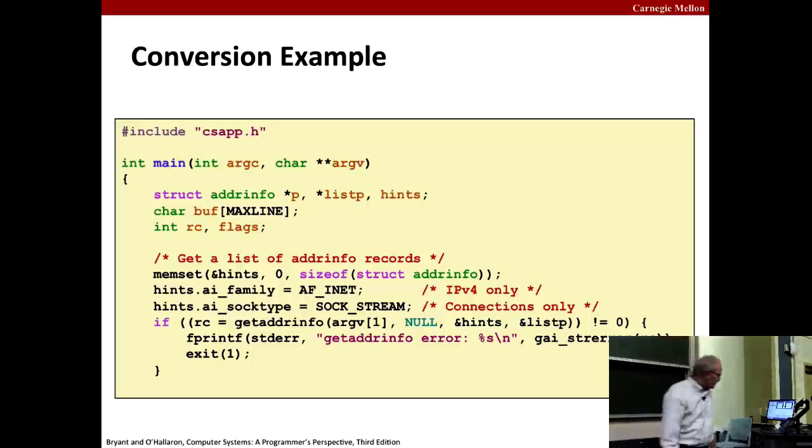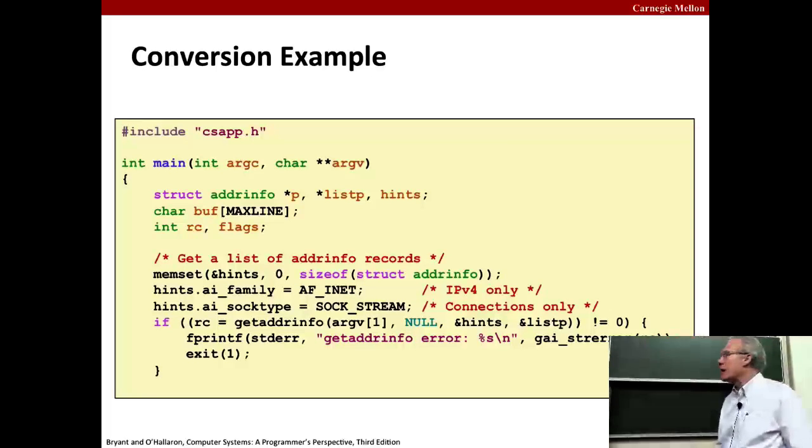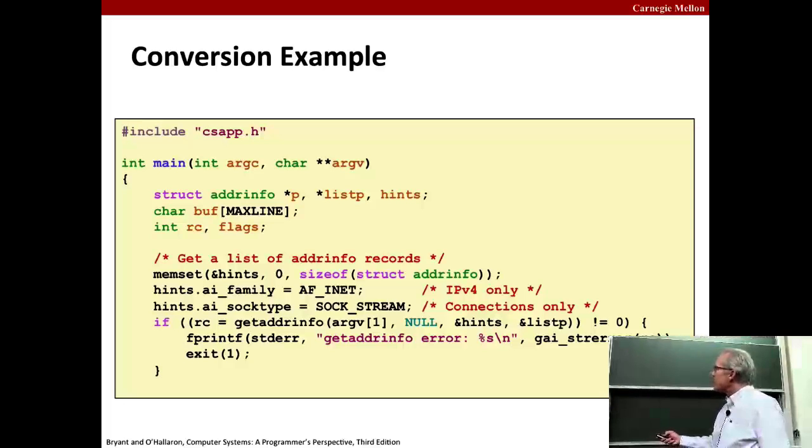This is pretty much the way you write code for this getaddrinfo API. Hints is the information I'm passing about what it is I'm looking for here, and so you typically start by zeroing out that entire field and then setting the particular things you want.